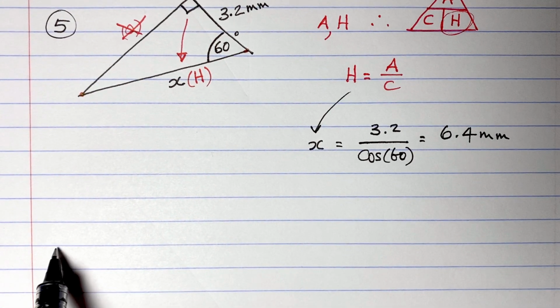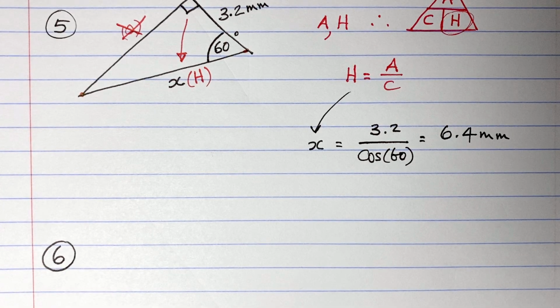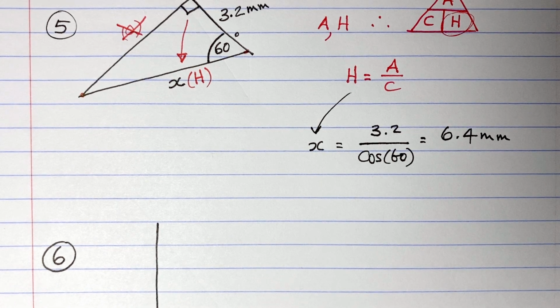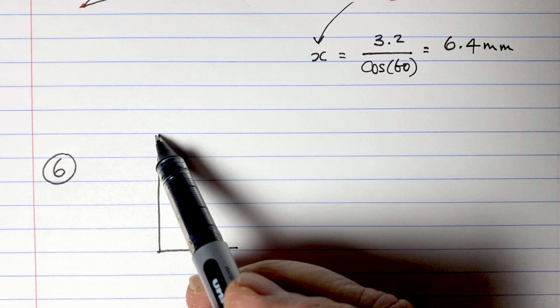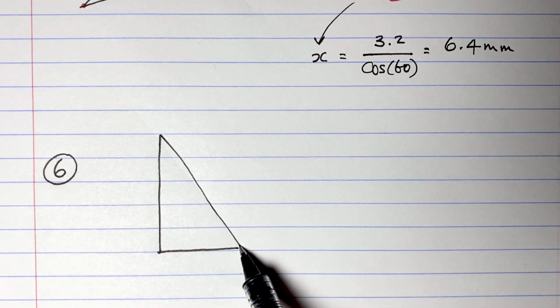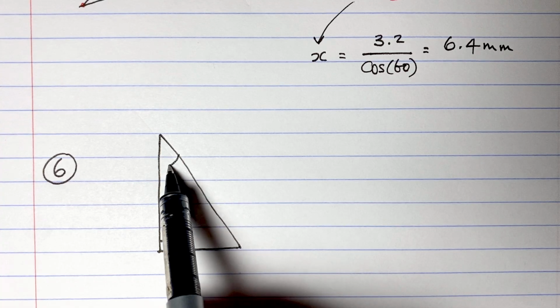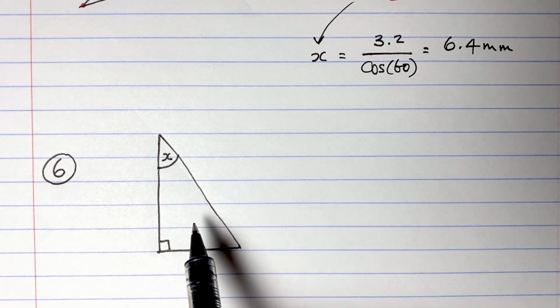Now, example 6, I'll be designing a question which is based on cos, and this time you're looking for the angle. So in order to create a question here, I'll draw myself a right angle triangle. I create an angle which I need to find.